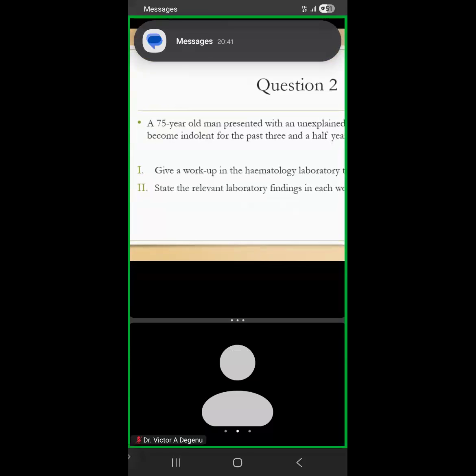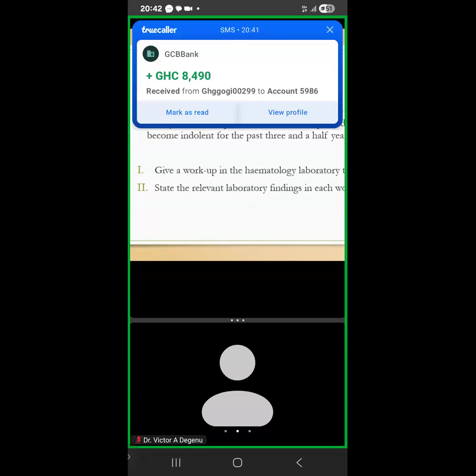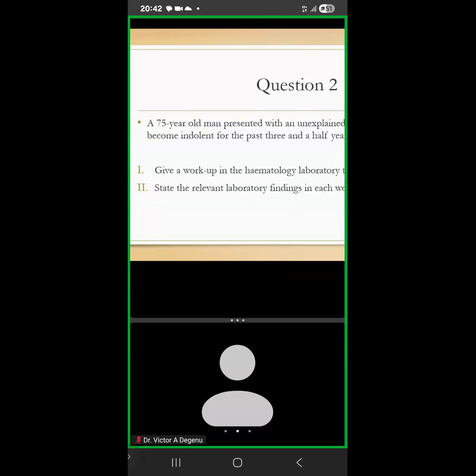Having gone through school, some of these things we have encountered, and so we are just drawing on them to see how they can help us to work in the hematology laboratory to make diagnosis. And so I want inputs for this second one.